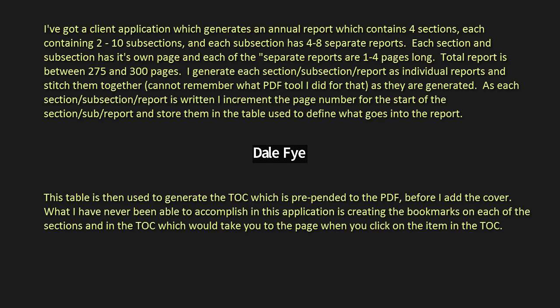I would offer, since you mentioned, Marie, that our chat isn't visible to anybody who's viewing the video, that what I described is one of my clients has an annual report that ends up being somewhere between 275 and 300 or so pages, with generally 80 different reports, as well as section headers and subsection headers in the report.